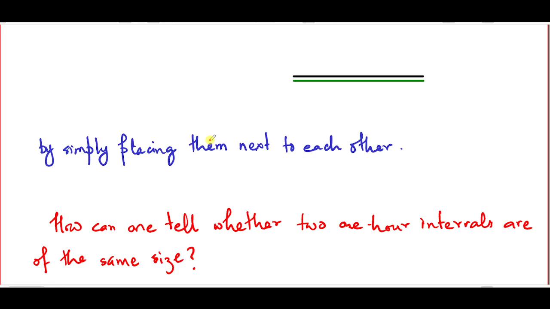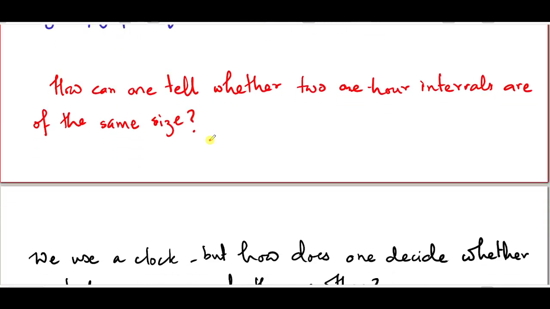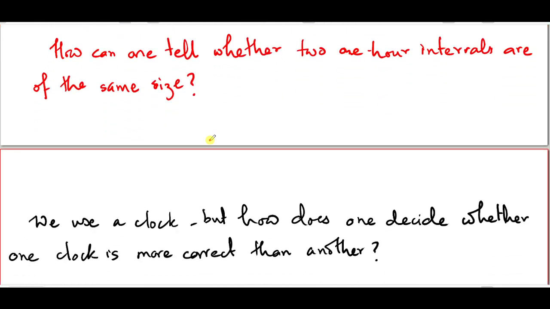But think about it a bit. How do I know that the clock hand really rotates at a regular speed? And indeed, if there were more than one of us and we were using different clocks and the clocks did not agree, how does one decide whether one clock is better than the other? After all, clocks have evolved over the years.